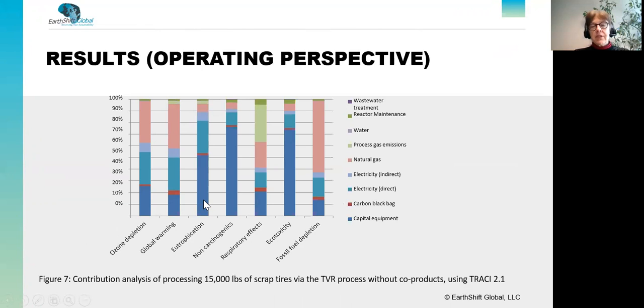And this is something to really pay attention to when you've got big capital equipment doing processes like these. They can actually be something to be looking at. So please keep that in mind as you're doing your LCAs, that you do want to make sure that capital equipment isn't a big part of your impact. But if we ignore that, we do have some electricity that's an impact, but that natural gas is certainly showing up here.